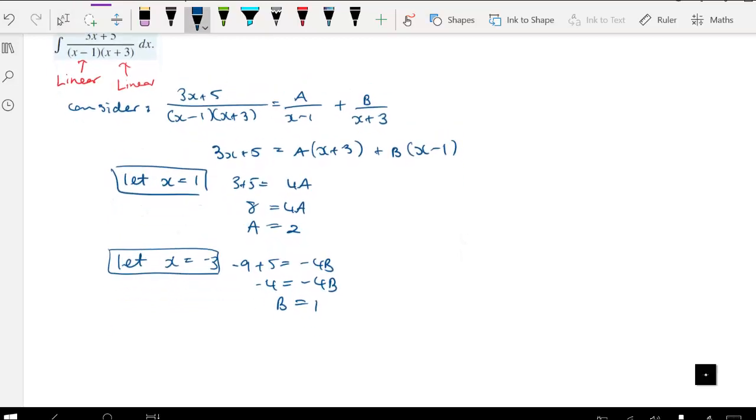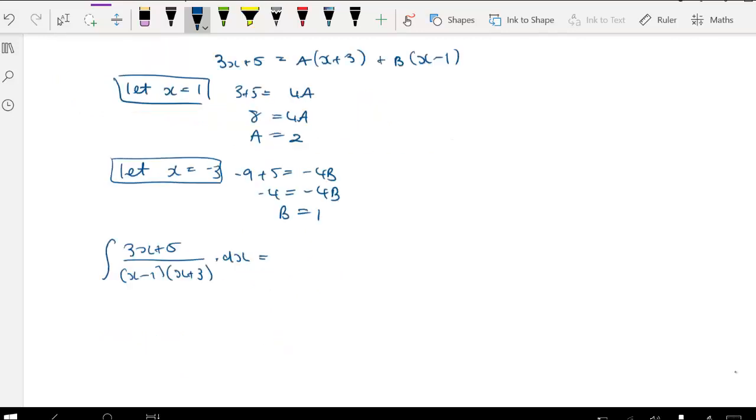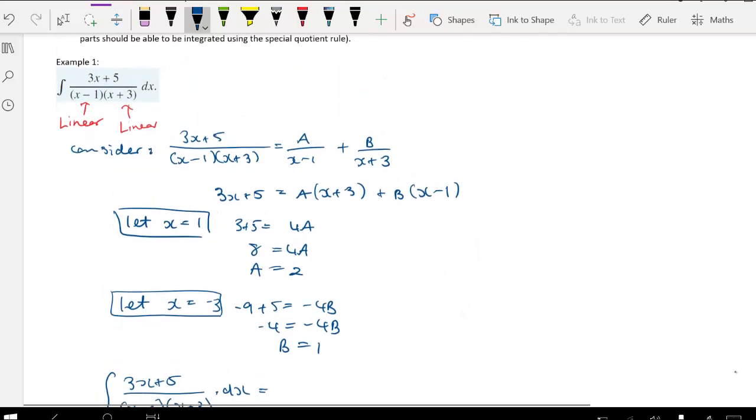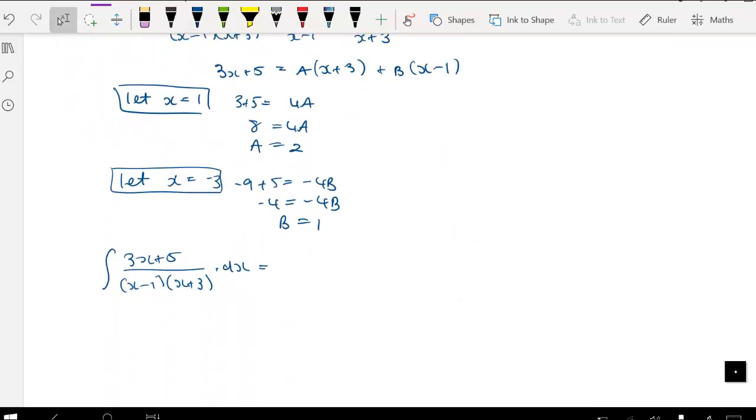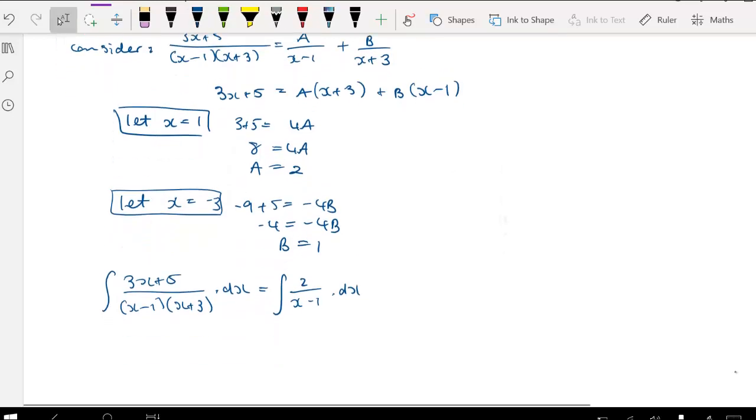So now we can say that the integral of (3x + 5) over (x - 1)(x + 3) is equivalent to the two individual integrals: the integral of A on (x - 1), which will be the integral of 2 on (x - 1) with respect to x, and B on (x + 3), which will be 1 on (x + 3) with respect to x.